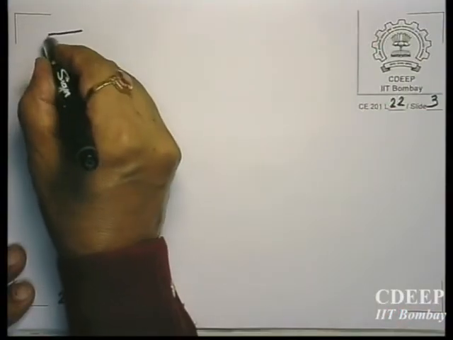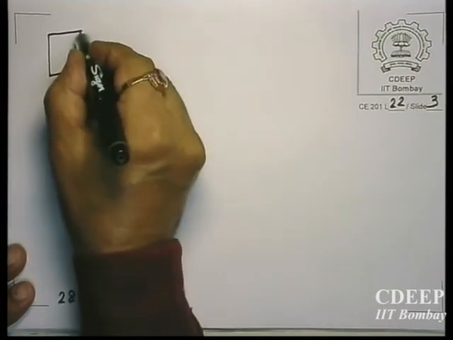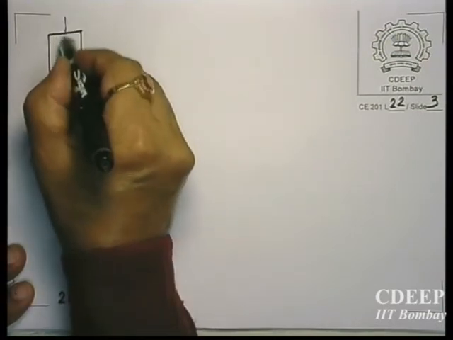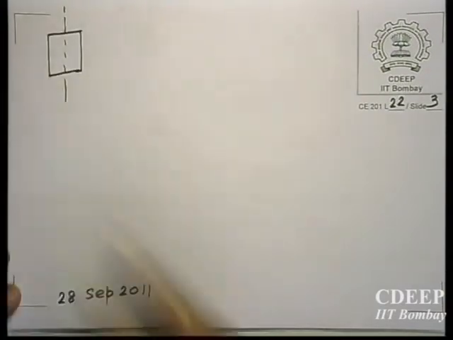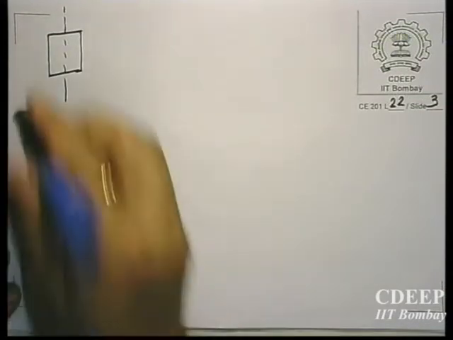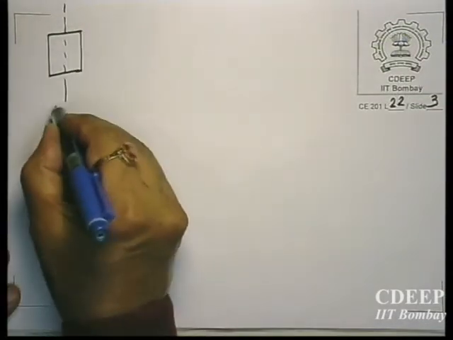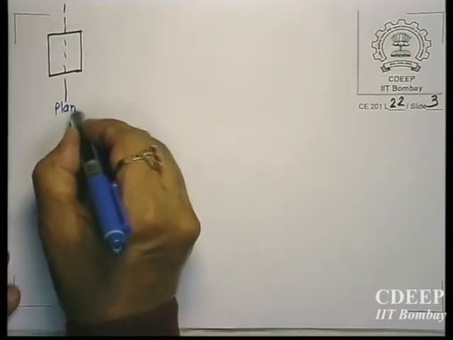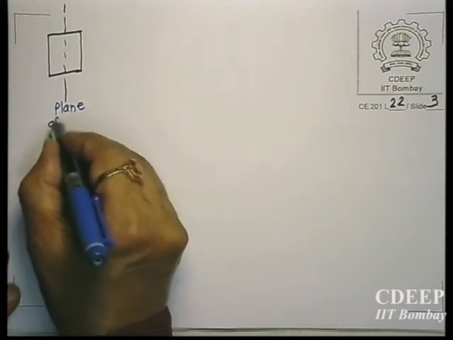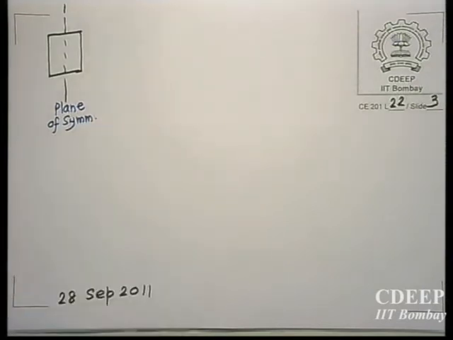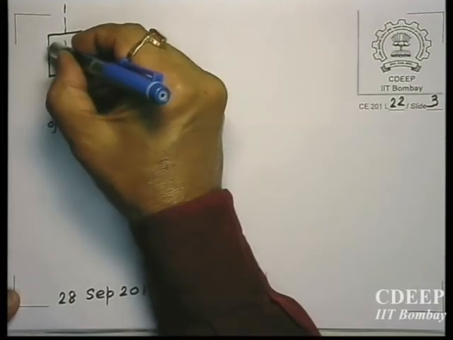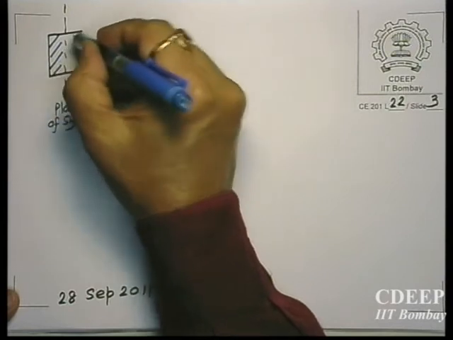The cross section, of course, can be rectangular, and we are applying load in the plane of symmetry, so that there is no twist. So this is the vertical plane of symmetry. It divides this cross section into two halves.